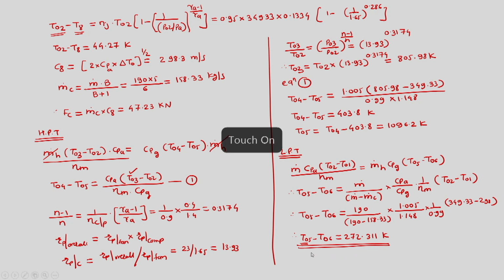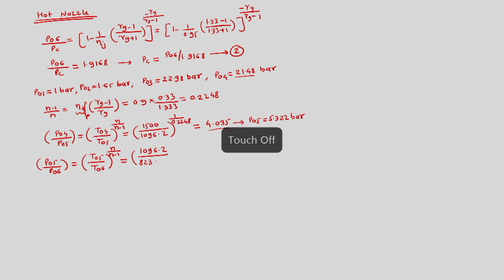which we can make use of here, 823.88 bracket raised to 1 upon 0.2248, and this gives us the ratio as 3.56 to 1. From here we can find out P06, and P06 is 1.494 bar.